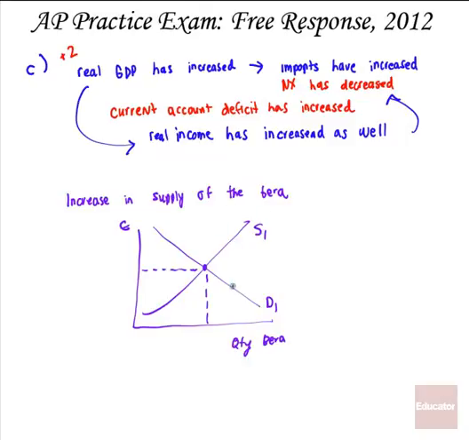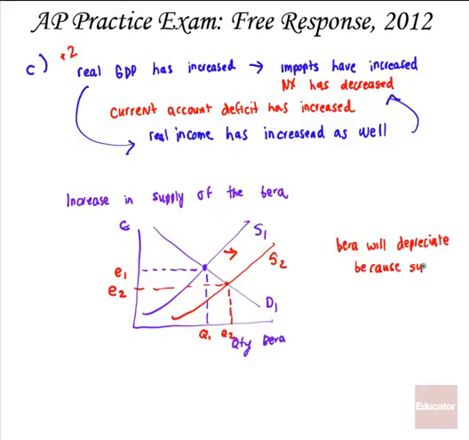If there's a change in real GDP, the supply is going to increase for the Bera, and from Q1 to Q2 the exchange rate is going to go down. So the Bera will depreciate, and you get 1 point for that because supply increases. And you get the second point for being able to explain that.